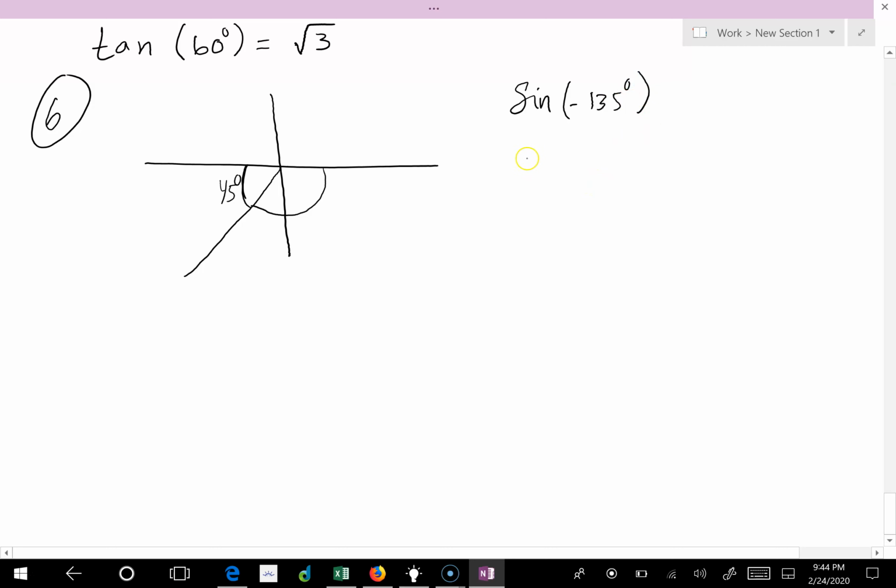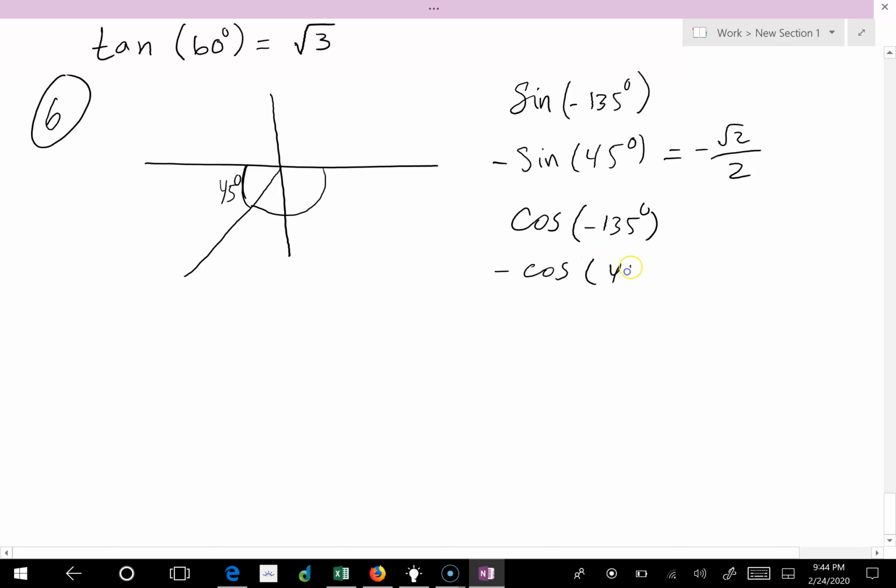It's equivalent to sine of 45 degrees, knowing sine is negative in this quadrant. So it's negative root 2 over 2. Cosine of negative 135 is equal to negative cosine of 45. Again, knowing cosine is negative in the third quadrant, so it's negative root 2 over 2.